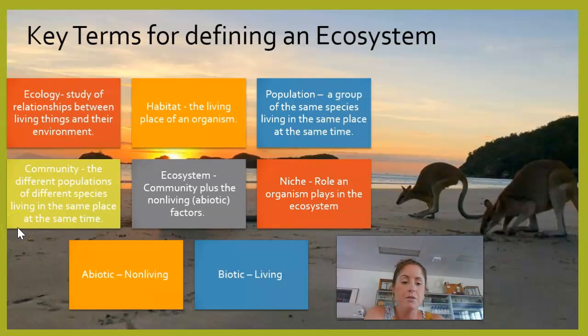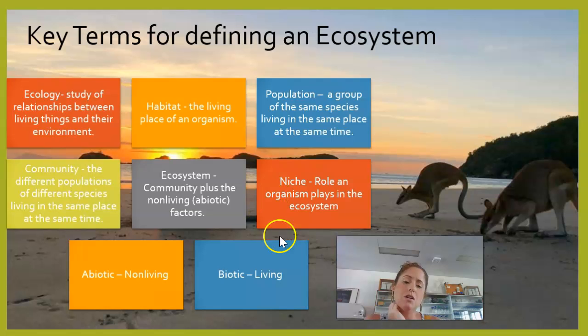So you could have a population of wallabies, but the community would also include all of the plants and, in this picture, the little crabs on the beach. That would all be part of the same community. The ecosystem is all of those living things, the community, plus the abiotic factors, which are the non-living things. Abiotic means non-living, biotic means living.